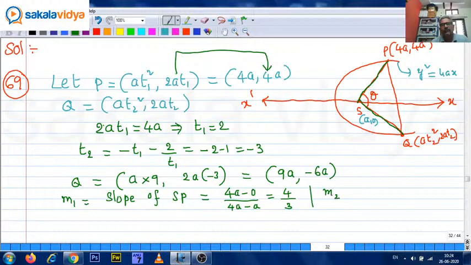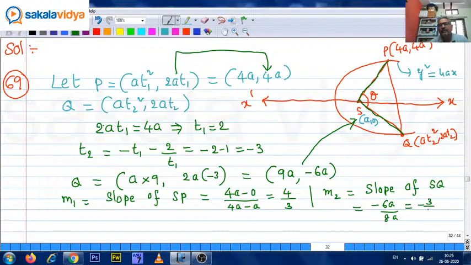M2, slope of SQ, is equal to minus 6a upon 9a minus a, which is 8a. The a cancels, so this will be minus 3 by 4.